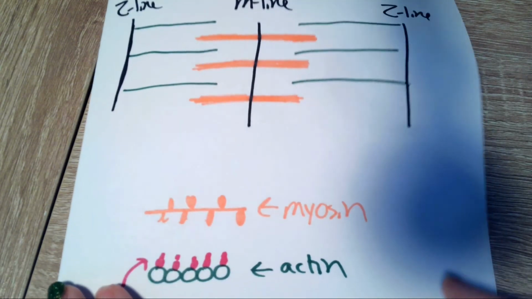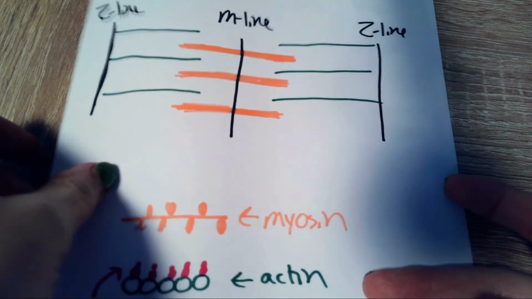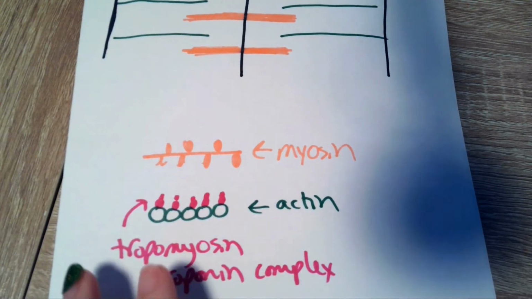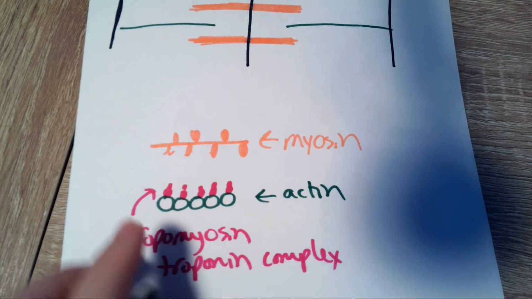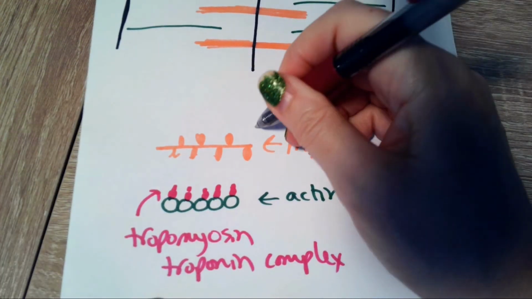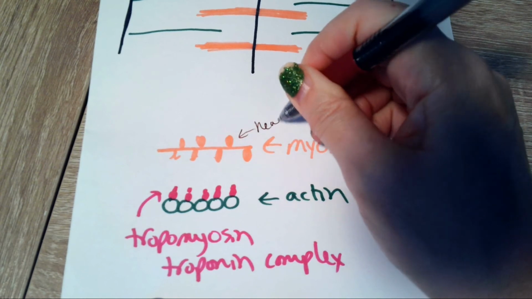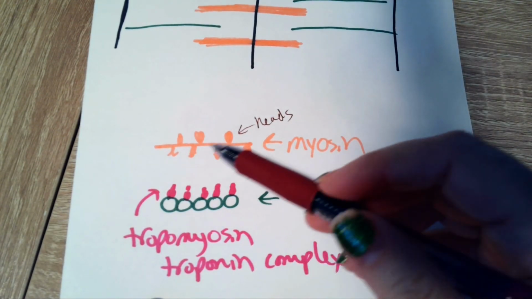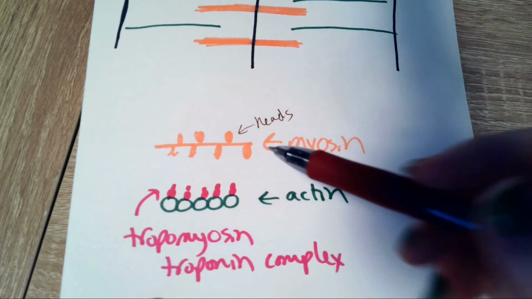Now down here we have the close-up of our actin and myosin, so we can understand or review how we actually shorten the sarcomere. So if we look at the myosin, we've got our myosin heads attached to the myosin tail, and the tail would be all interwound with other myosin tails.